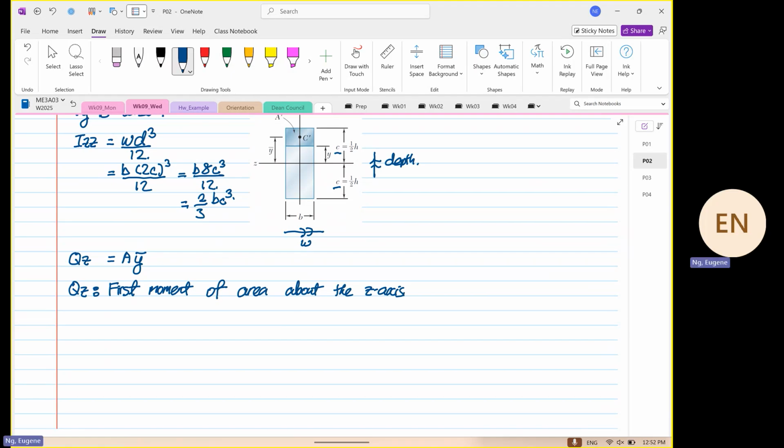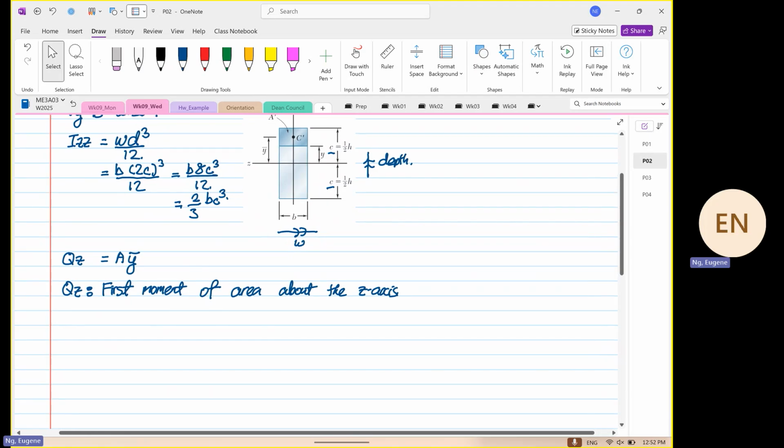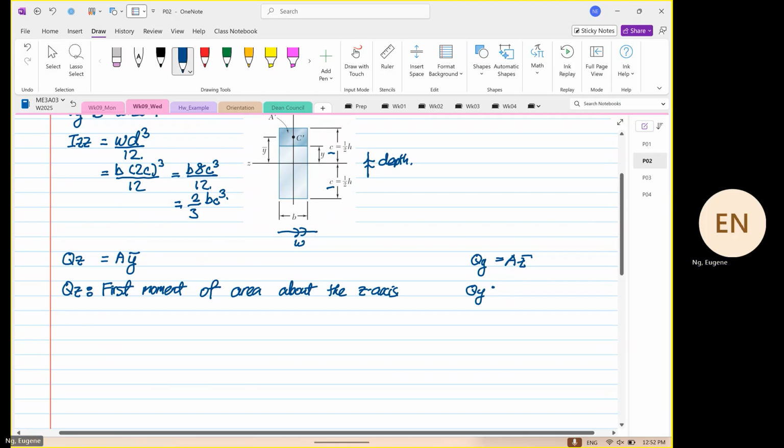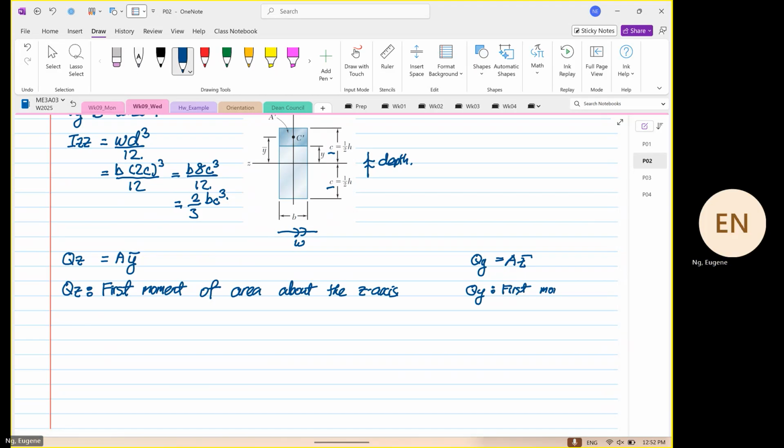So later on, when we have Qy, this is equal to A z bar. And Qy is the first moment of area about the Y-axis.